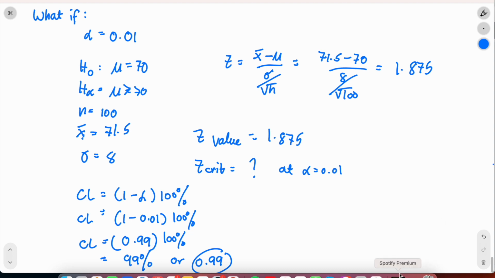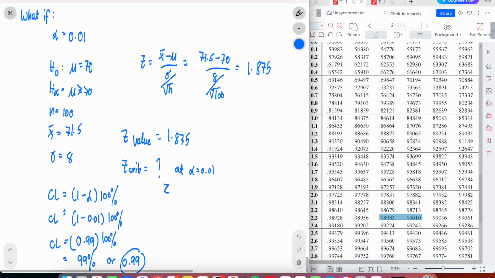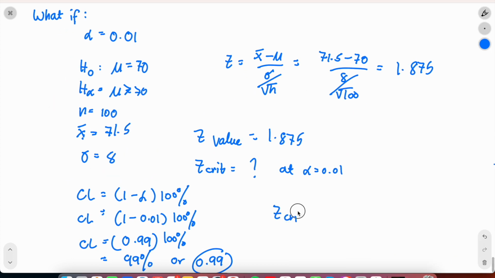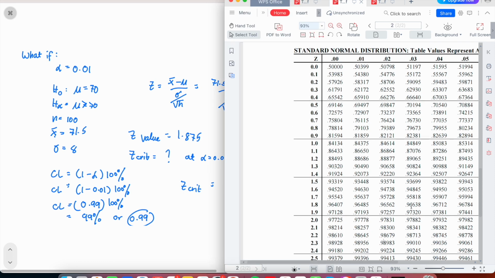Our z crit is 2.3. We don't know the other digits here. It's 2.302, and it's in between 0.02 and 0.03.